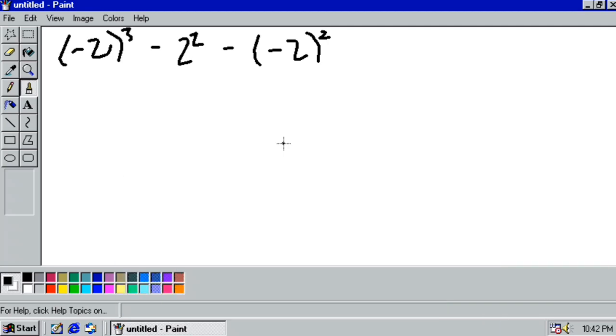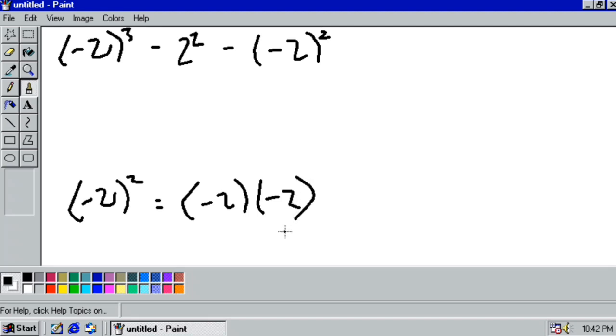So, remember that the quantity of negative 2 squared is equal to the quantity of negative 2 times the quantity of negative 2, which equals positive 4, since negative times negative is positive.